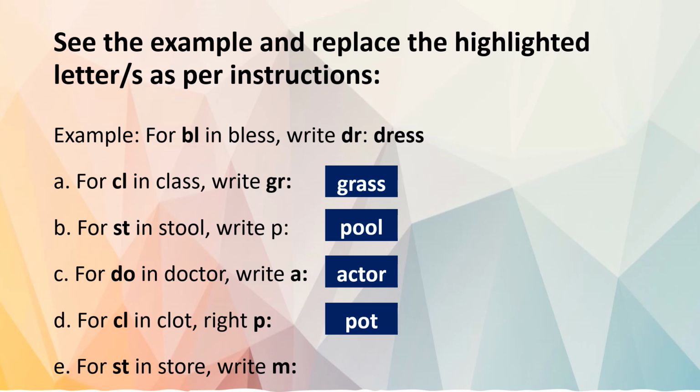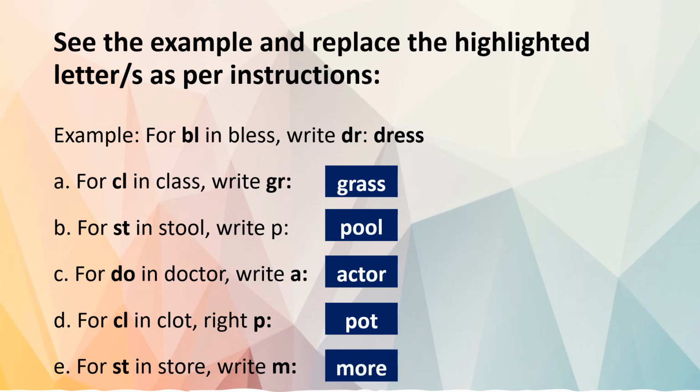In the word store, we replace M in place of ST. If we remove letters ST in the word store, then we add M in place of ST, we'll get a new word, that is move.